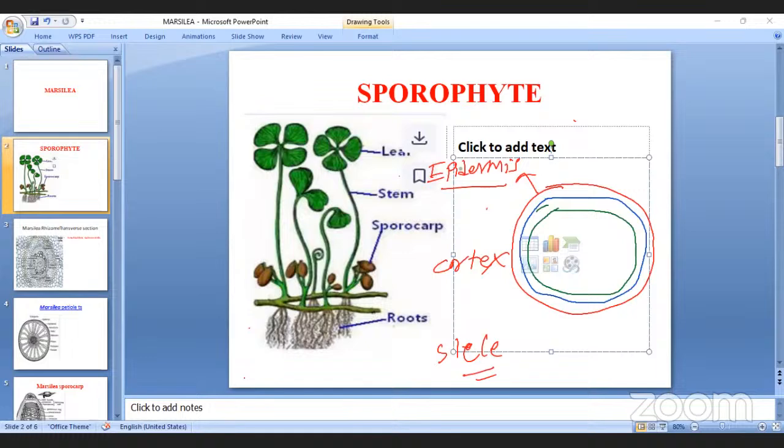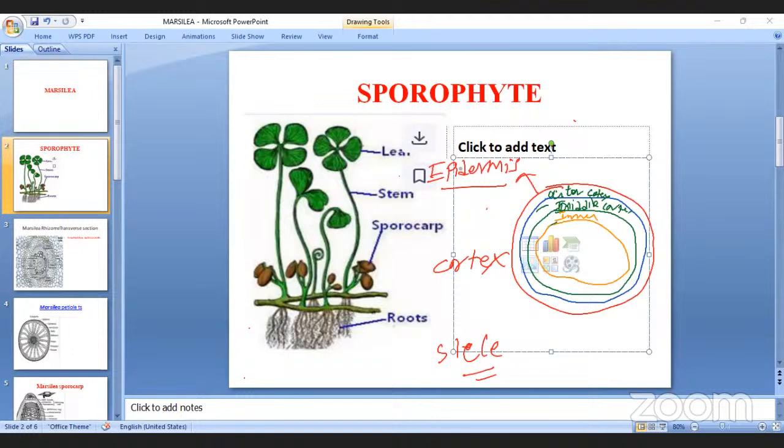First of all, this is the epidermis. Below the epidermis is the outer cortex. Next, the middle cortex. Then the inner cortex, ending with the endodermis. Let's discuss one by one.